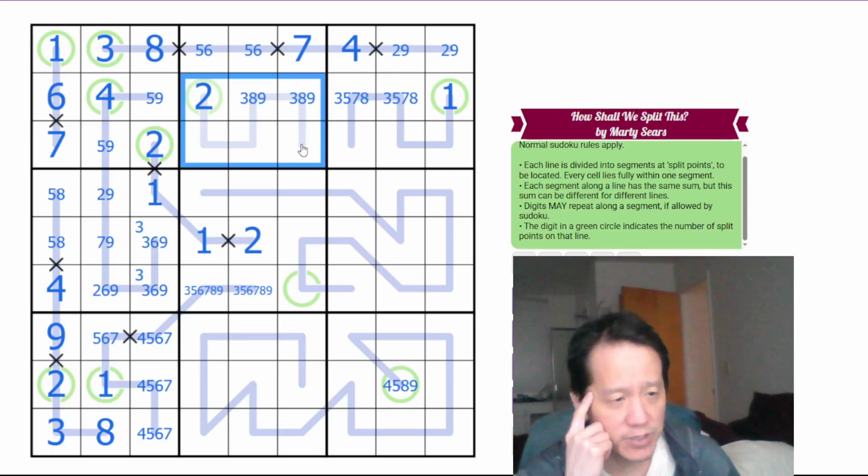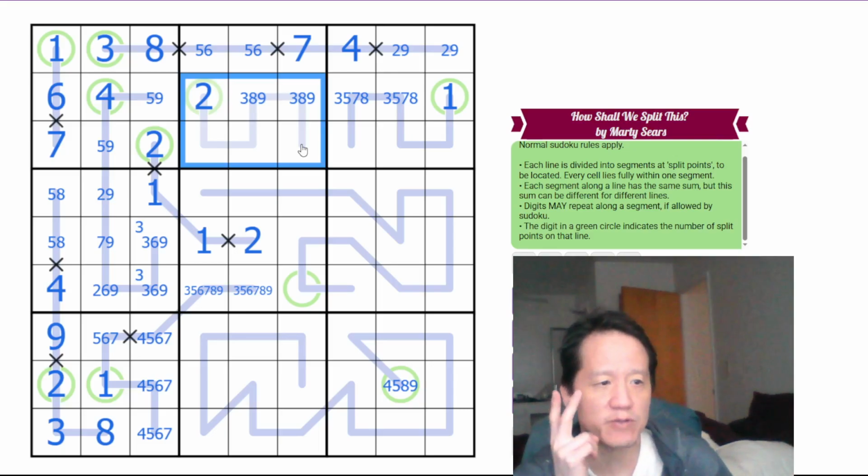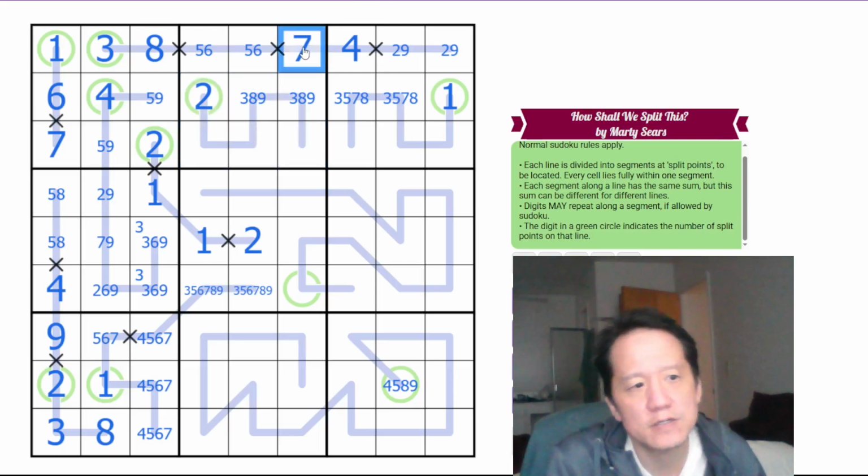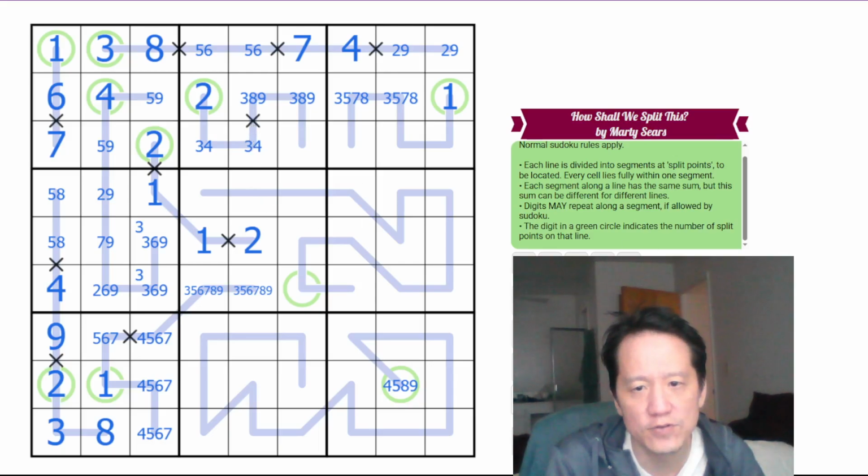So 9 has to be in a segment by itself. 2 could be in a segment with 2, 7, 1, 2, 6, or 2, 3, 4. Well, 7 is already taken, and 6 is taken in the box, so it cannot be 2, 7 or 1, 2, 6. It has to be 2, 3, and 4. So this is 2, 3, and 4, and is a segment by itself.